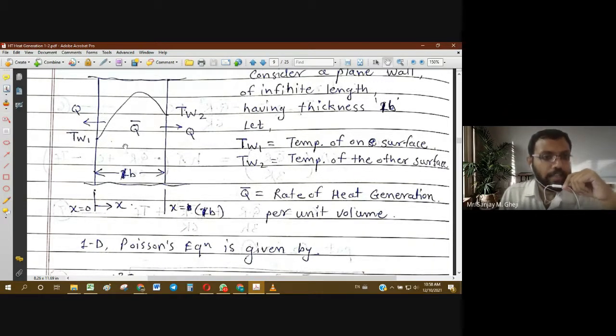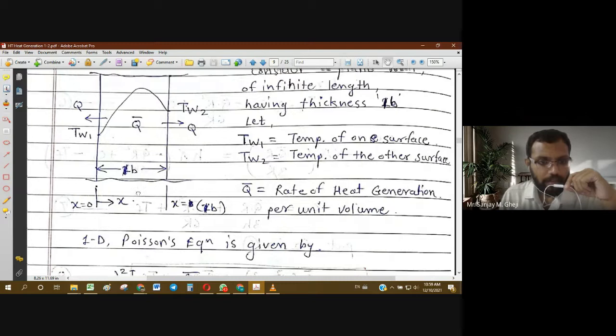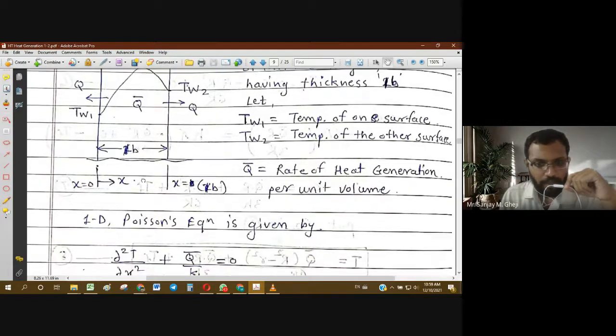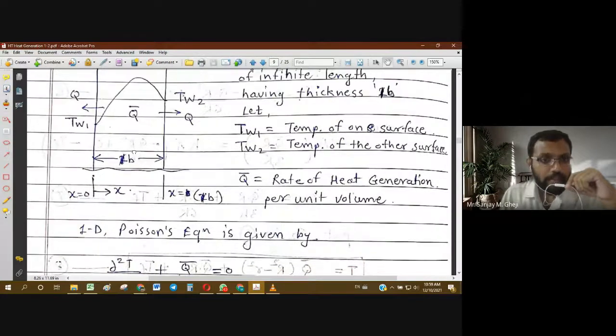Let us say the left face is at the origin, so x equal to 0 is this boundary, and at x equal to b, the full width, is the right face. So thickness b ranges from x equal to 0 to x equal to b, and x is the variable.